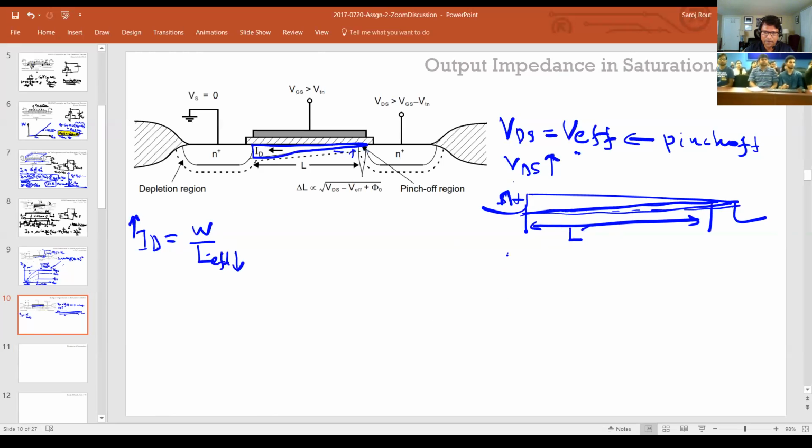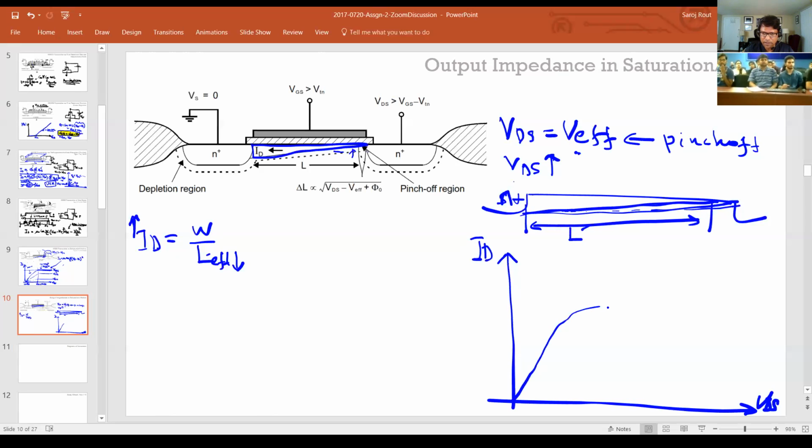So if I draw the IV characteristics again, just for one VGS, this is VDS and that's your ID. We said it starts becoming constant, but it actually is not constant, it starts increasing, right? I've exaggerated it, but this slope is usually very small if your impedance is pretty high.